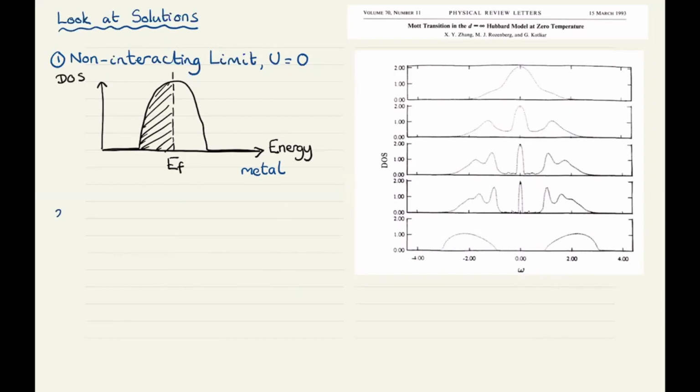If we look at the fully atomic limit, in this limit, T is equal to 0, there's no bandwidth, and our density of states, it's not really a density of states, it's just a series of discrete energy levels. It's a function of energy.